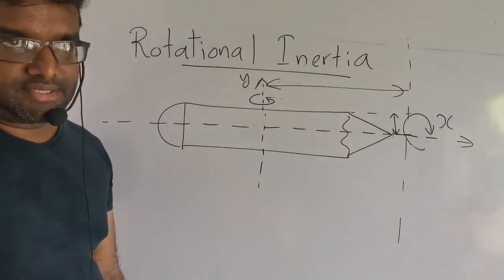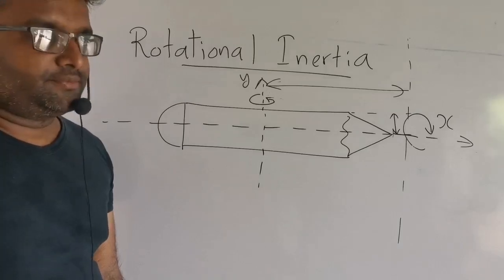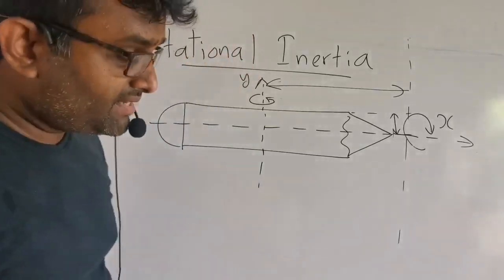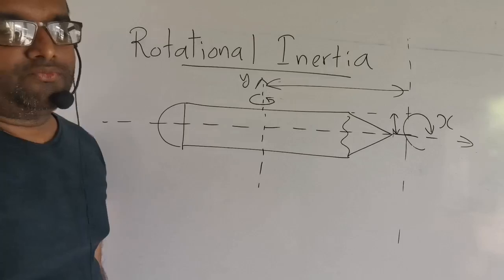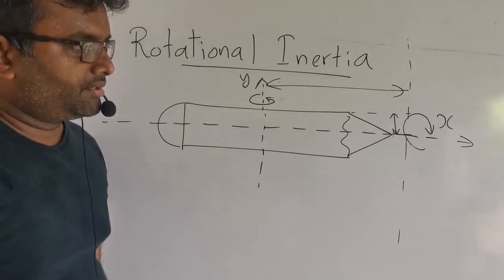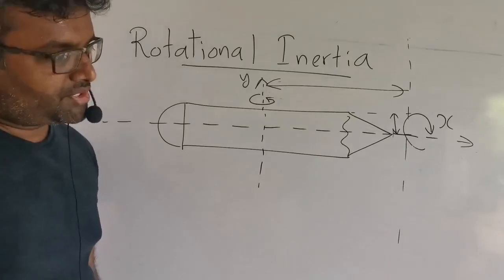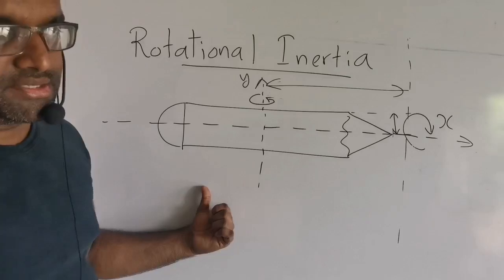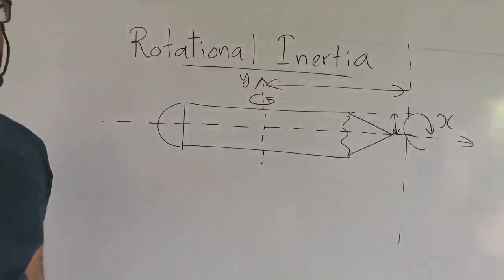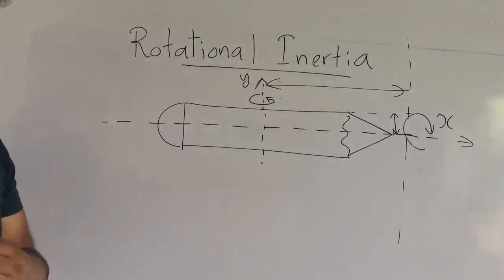The reason is, while the mass remains the same, the distribution of mass increases about the y-axis.